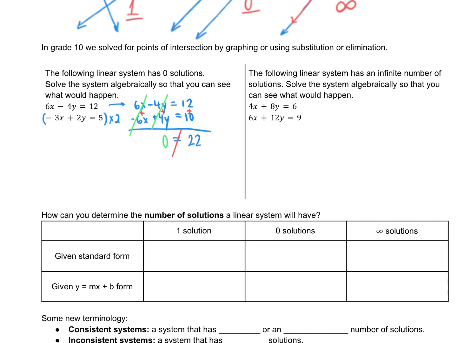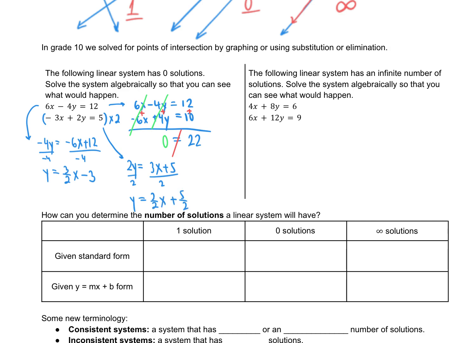So for the first equation, I'm going to isolate for the negative 4y, bring the 6x over, the 12 was already there, and then I'm going to divide everything by negative 4 and reduce. So I have 3 over 2x minus 3. Then I'll take my other equation, I'll isolate for 2y, so 3x plus 5, divide everything by 2, and I end up with 3 over 2x plus 5 over 2.